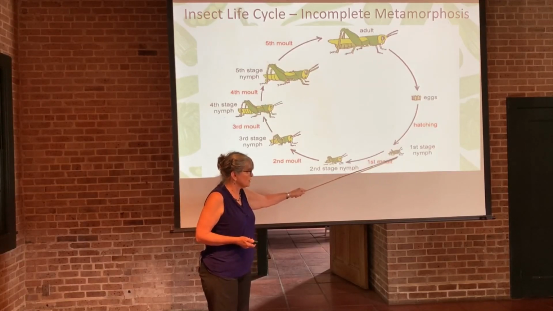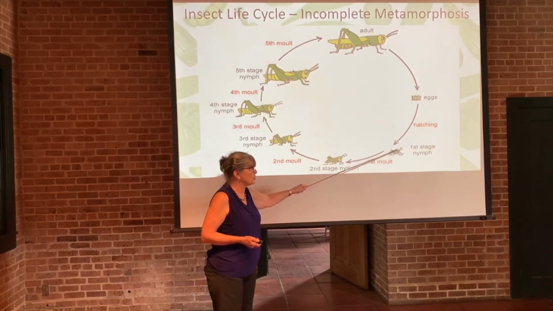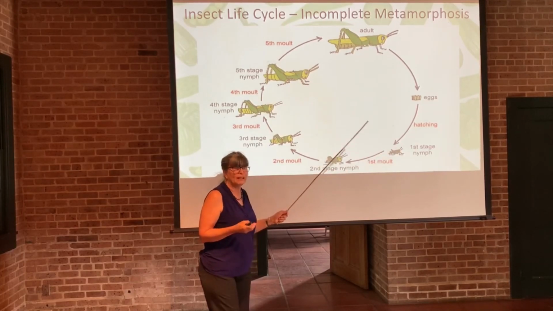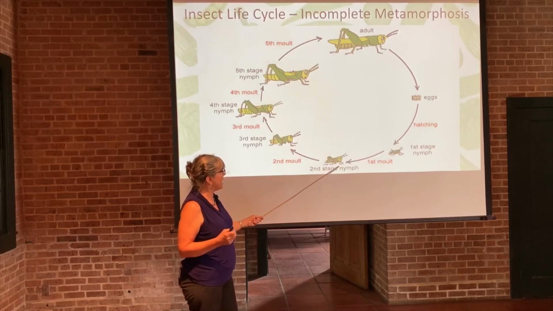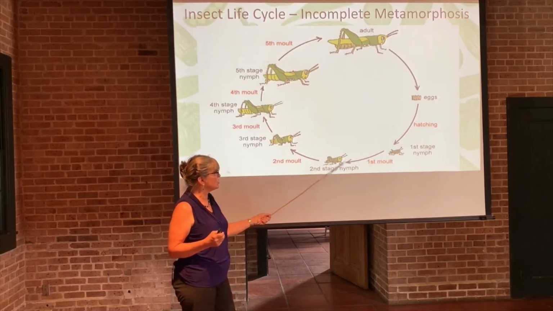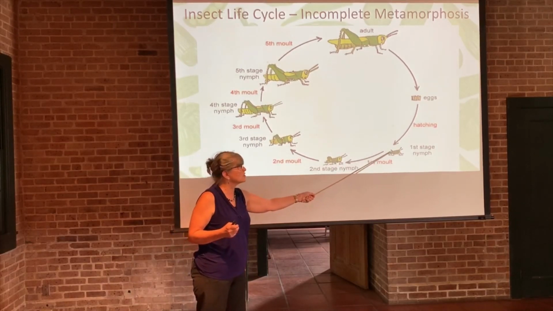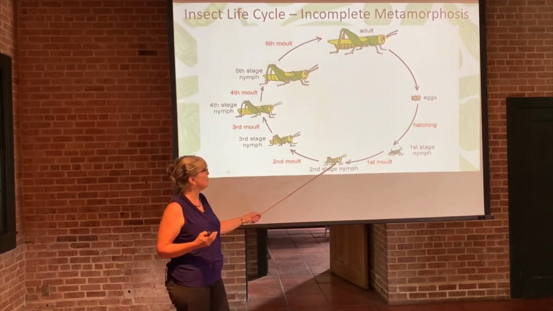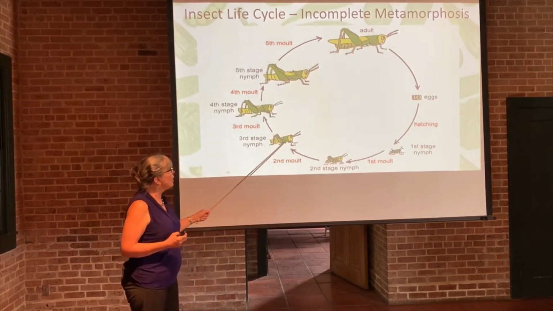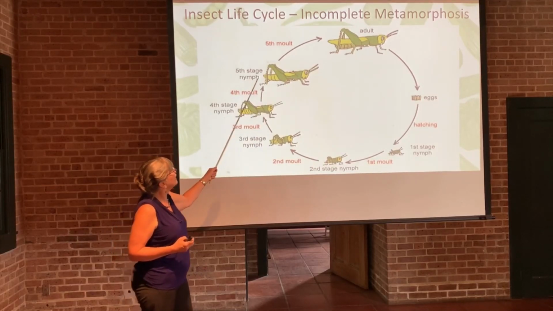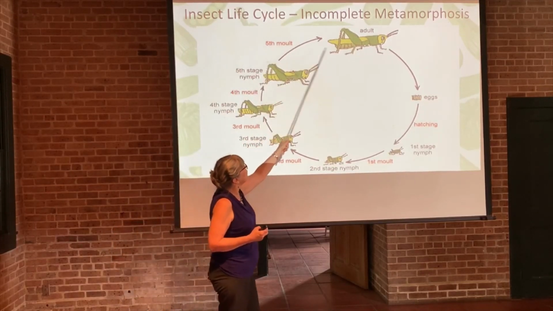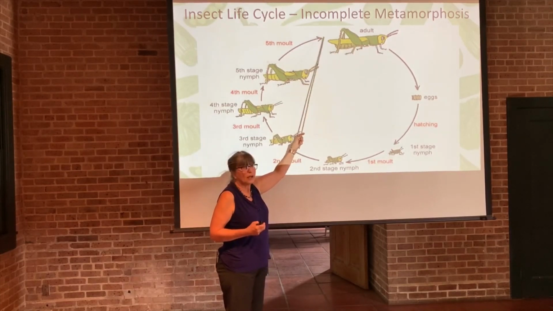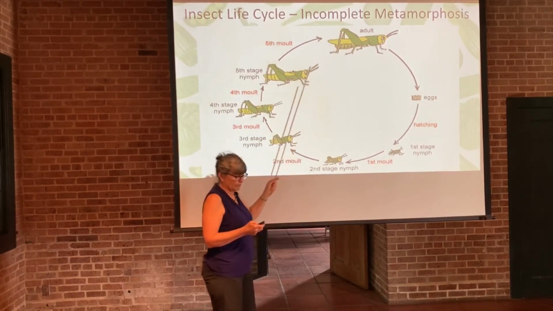And as it grows, its exoskeleton, which, as I said, is hard, kind of like a thin fingernail, will have to split open, and they will emerge from that into another stage. This is called molting. They shed their exoskeleton and come out because they're growing and it can't hold them anymore. So they go through several molts and stages until finally, at the 5th molt, they become their true adult. And you can see all the adult features of what that insect really looks like as an adult.